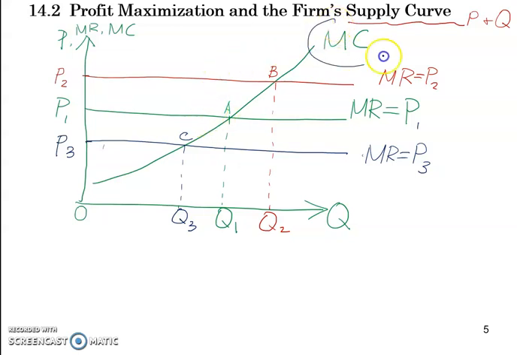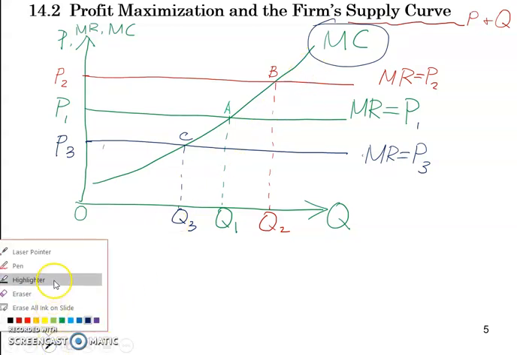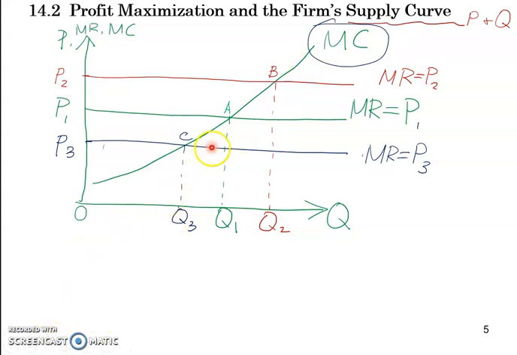In other words, to find the supply curve, we said we want to find a curve showing the one-on-one relationship between the price and the quantity. Surprisingly, we already found it. It is the MC curve. Because again, point A shows the one-on-one relationship between P1 and Q1.